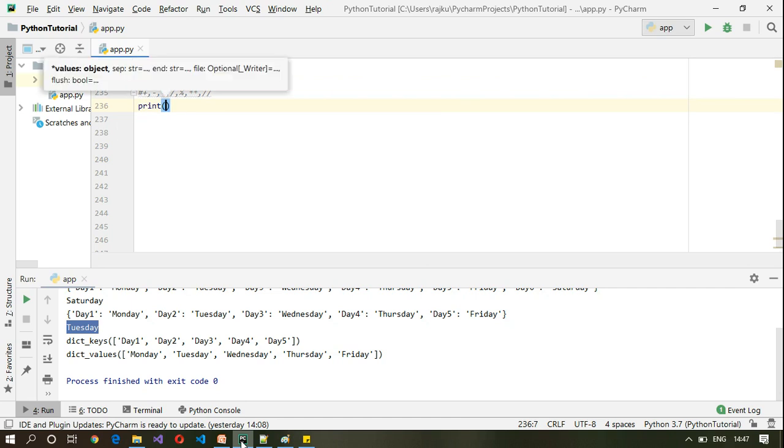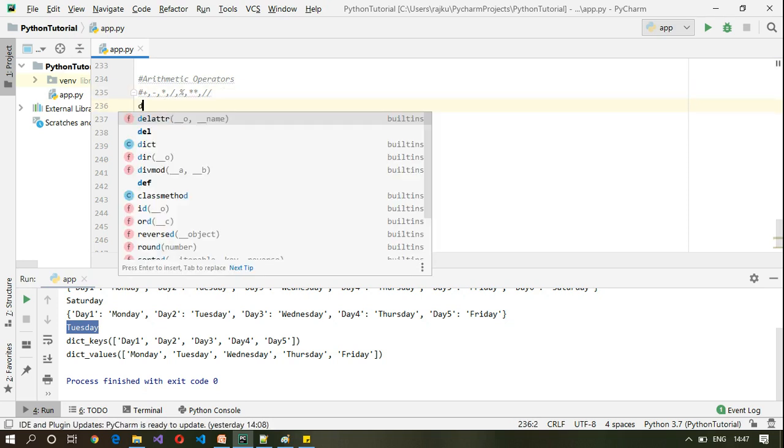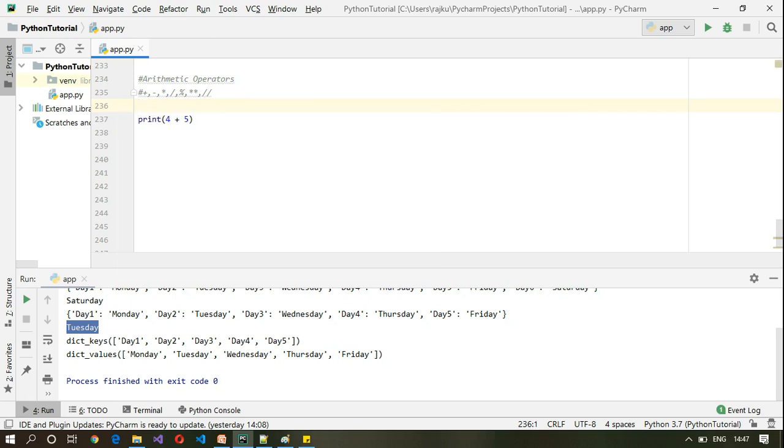Okay, if I want to add two values, say for example 4 plus 5, this is the addition operator which adds these two values. However, you can also declare two variables and then add them. Say for example var1 is equal to 6, var2 is equal to 7.